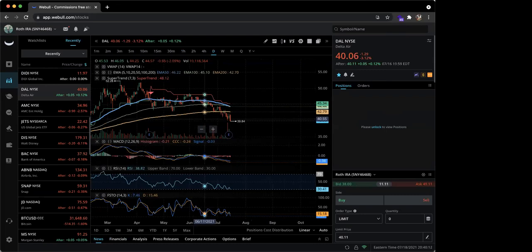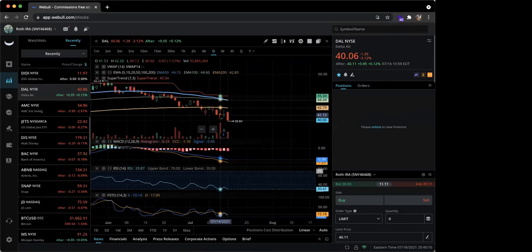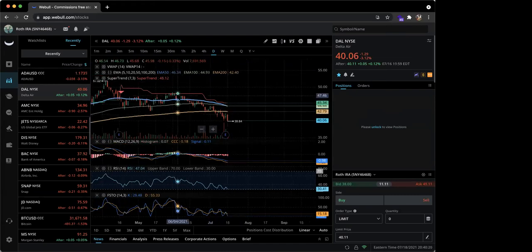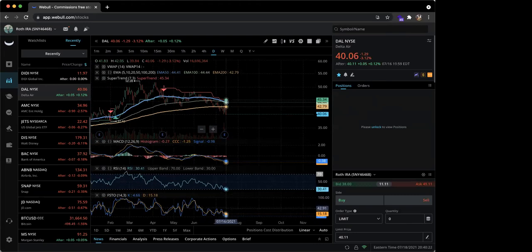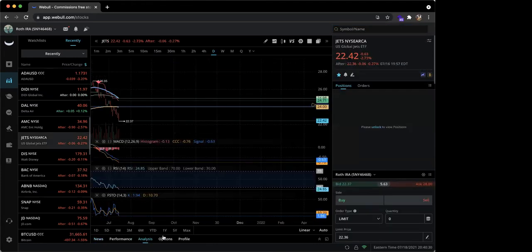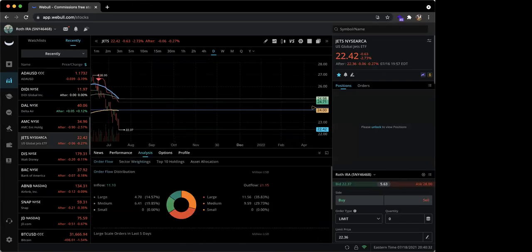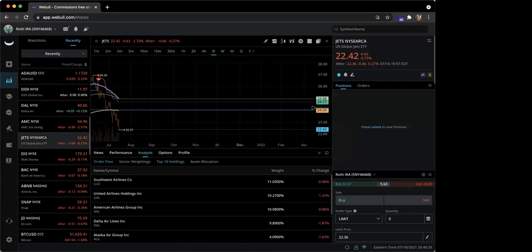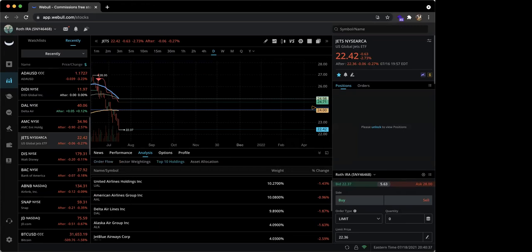So right now we're past our long term, and even last week we were in the same position, right, where we were literally past this. So as the market as a whole in terms of travel, like I said, when you look at the Jets ETF, you can see that we've got Southwest, United, Delta, American Airlines.